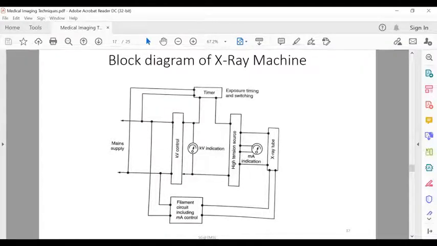Therefore, the film is exposed to X-rays as well as to the light from the fluorescence of the screen. The most commonly used material is calcium tungstate, which emits a broad spectrum of light of low intensity in blue wavelength.